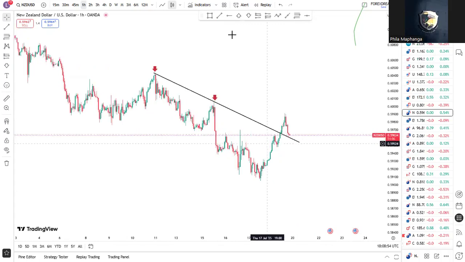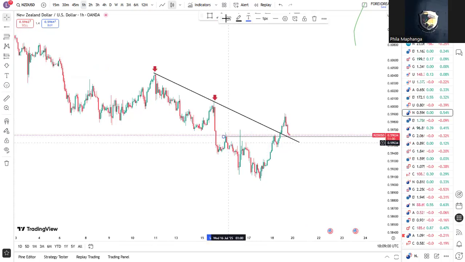So before they break the trend line, we can still mark it as a zone. This is our resistance level. Guys, whenever you see this penetration, you must know that when they come back to this level, they're going to break it.